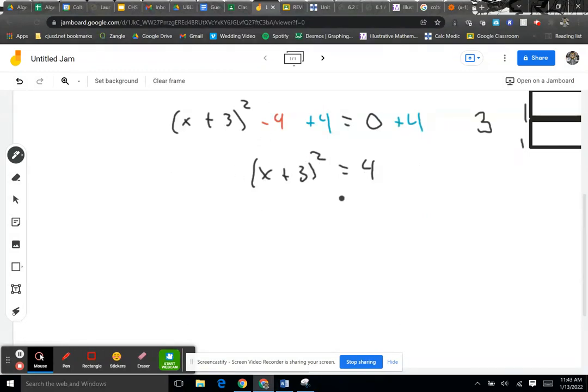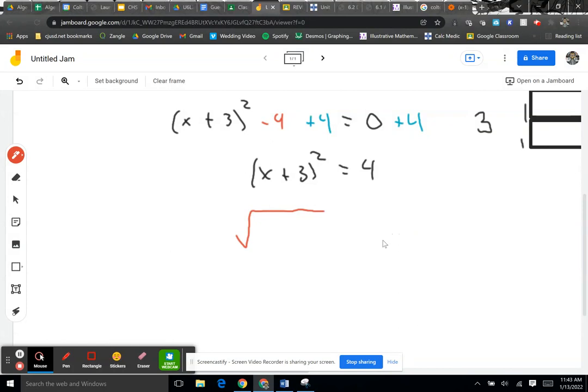Okay, if we flash back now, we can think, well, how can we cancel out a square? Well, we know the opposite of a square, the inverse of a square, is a square root. So what we can do is just take the square root of both sides of the equation. But the thing is, when we take the square root of both sides, we know that there's going to be two square roots over here, a positive square root and a negative square root.